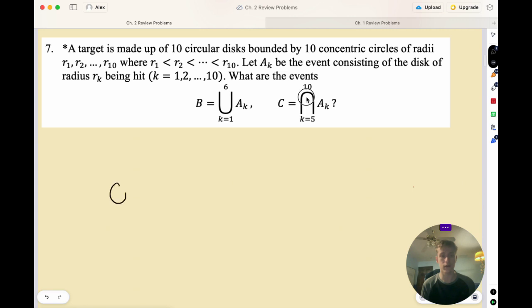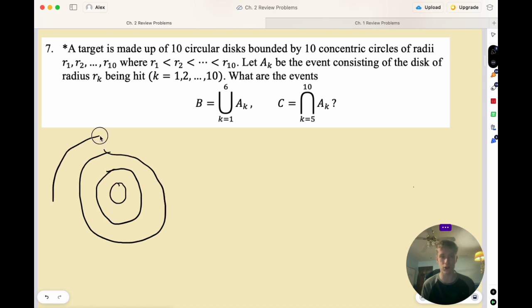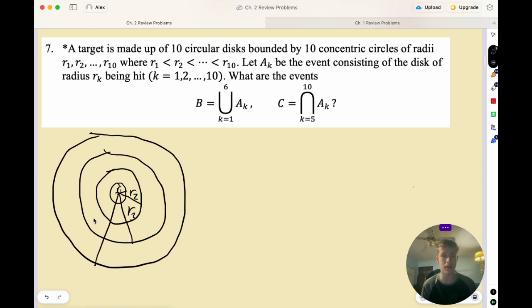Okay, so we have all these concentric circles. Maybe I'll just draw one more so you can see. We don't know what the radii are, it doesn't really matter, but this is going to be the first disk, and we're going to label that R sub 1. That'll be the second disk, that's R sub 2. That'll be the third disk, R sub 3, and then that's going to be R sub 4. And so on and so forth until you get to 10.